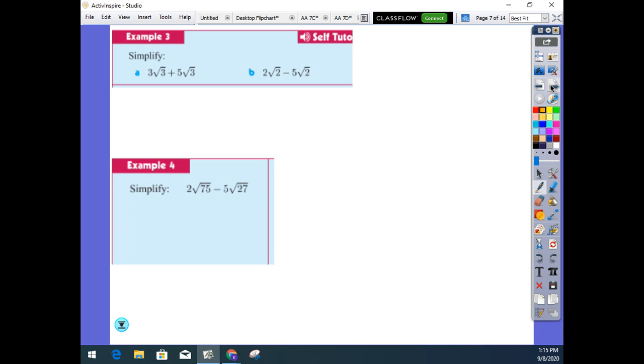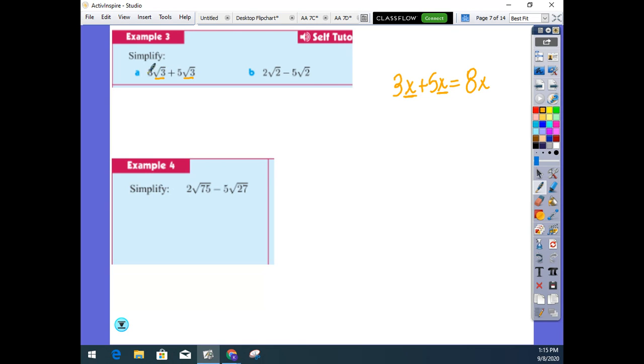All right. Now, I want you to think of, if I took 3x plus 5x, that would be what? These are like terms because they both have x. How do we define like terms? Everything is the same except for the coefficient. Radicals can be like terms just like x's.